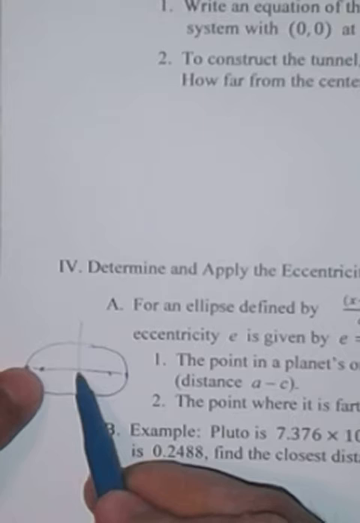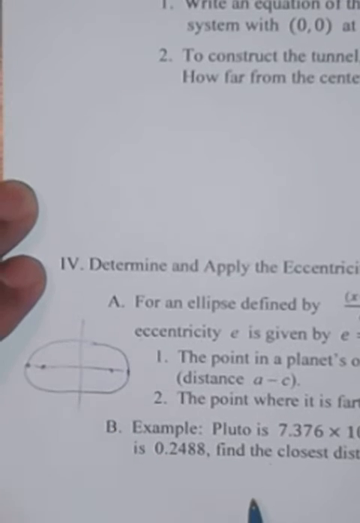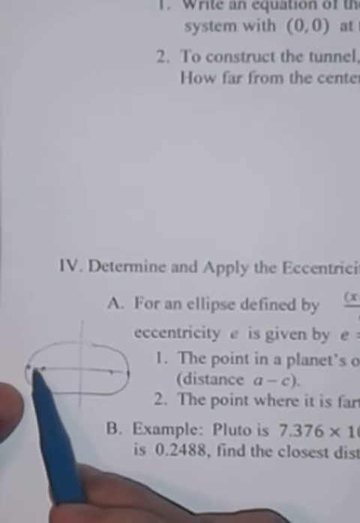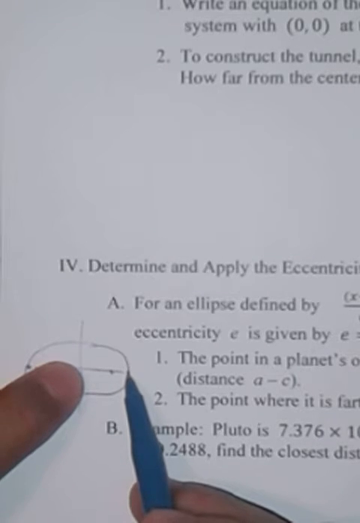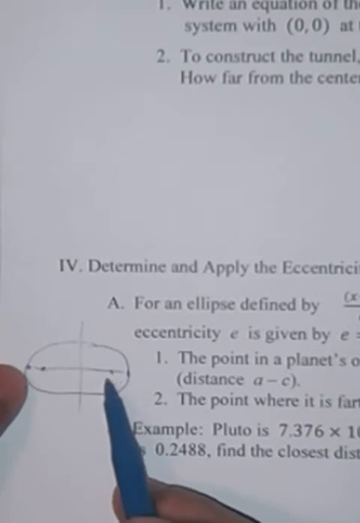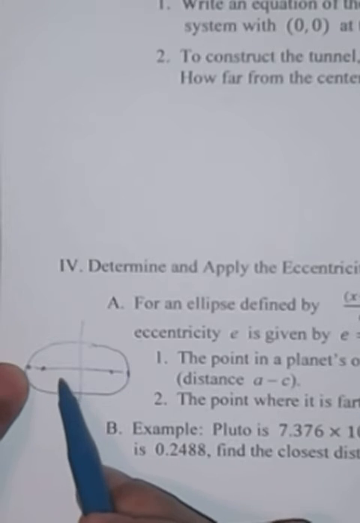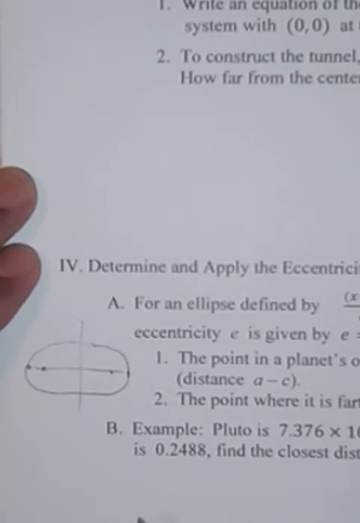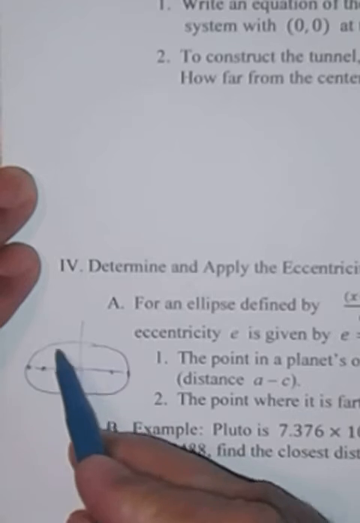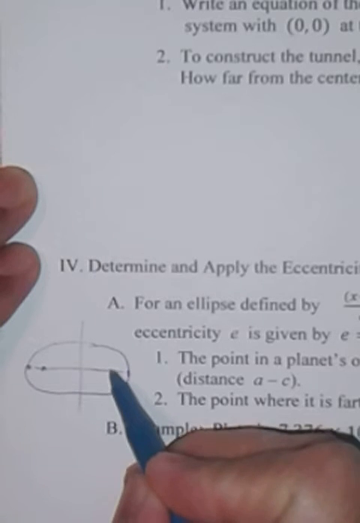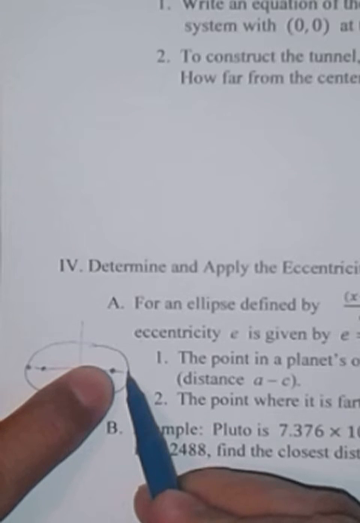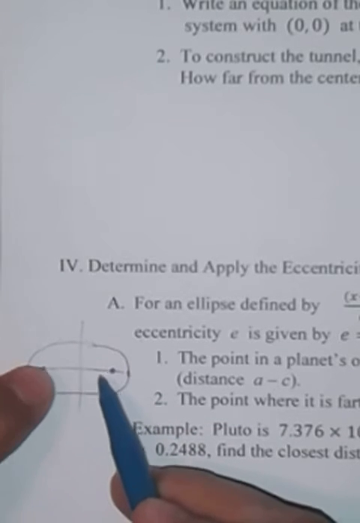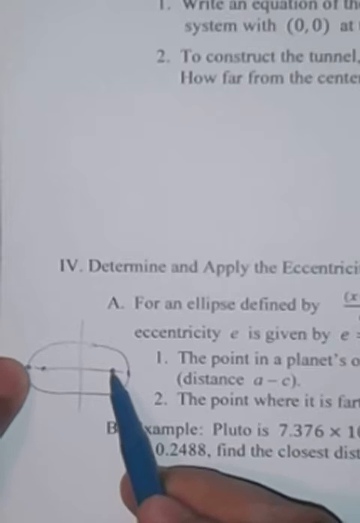So the closest is a minus c, and the farthest would be over here, that's a plus c. This is like the orbit, and one of these is like the sun. Let's pick that one. a minus c is that distance, a plus c is that distance.